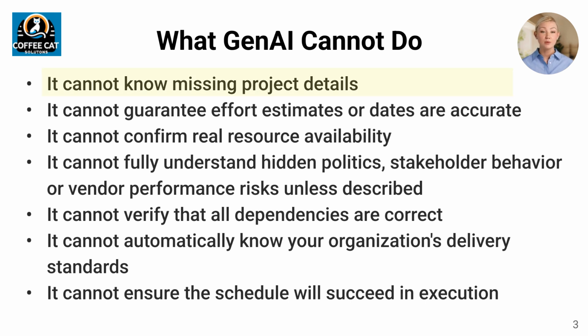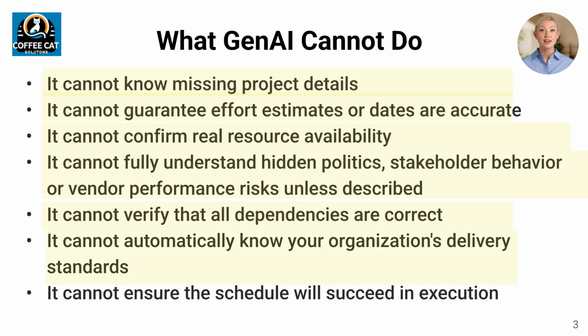It cannot know missing project details. It cannot guarantee effort estimates or dates are accurate. It cannot confirm real resource availability. It cannot fully understand hidden politics, stakeholder behavior, or vendor performance risks unless described. It cannot verify that all dependencies are correct.